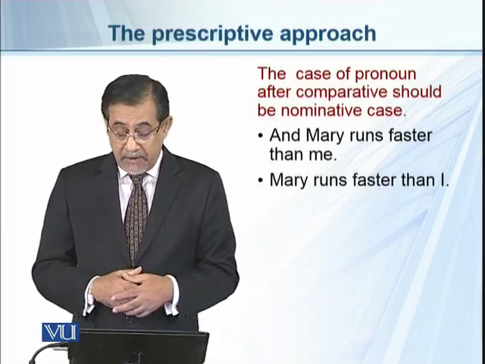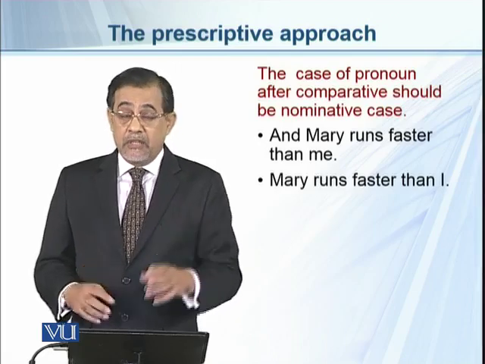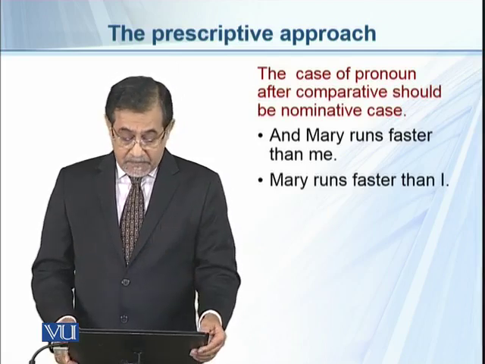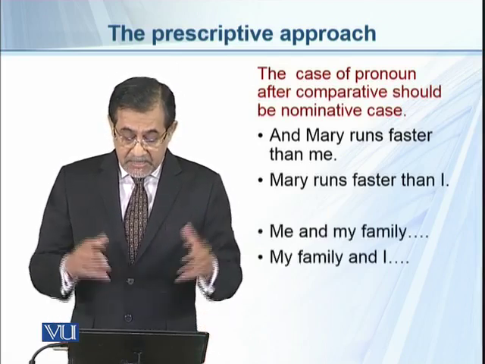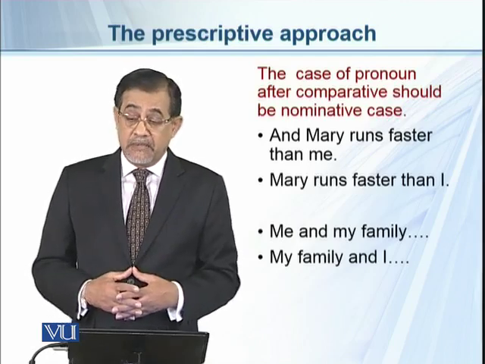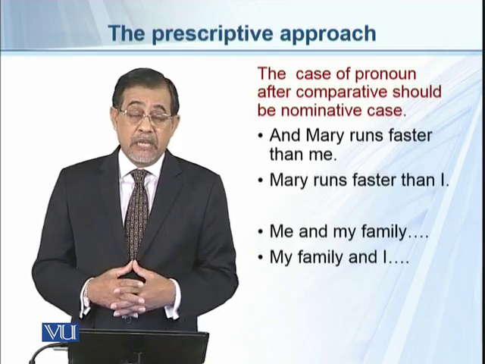Similarly, if they find a sentence starting with a conjunction like "and," they would instantly change it, right? For example, "Me and my family is going to dine out," or "Me and my family are going to dine out."